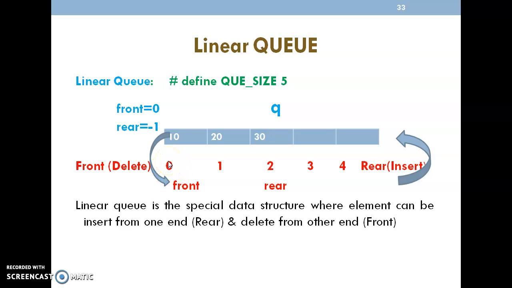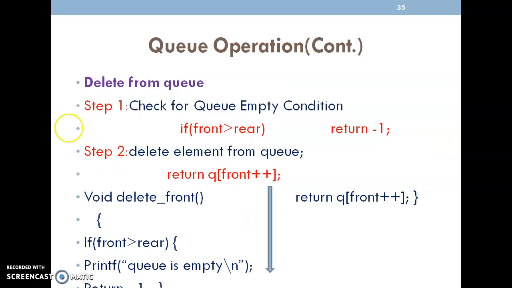At that time no elements are inserted, so you can say it is empty. When rear is -1 and front is 0, it indicates front is greater than rear, that is 0 greater than -1. If that condition is satisfied, it is an empty queue.